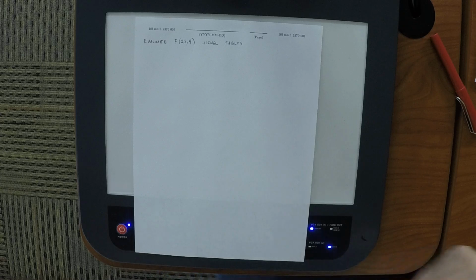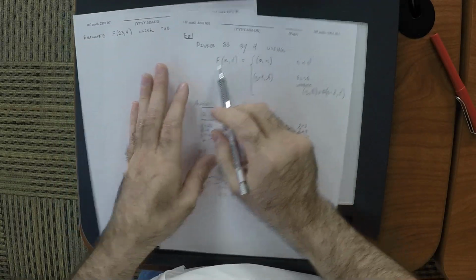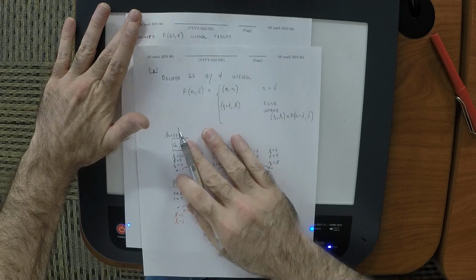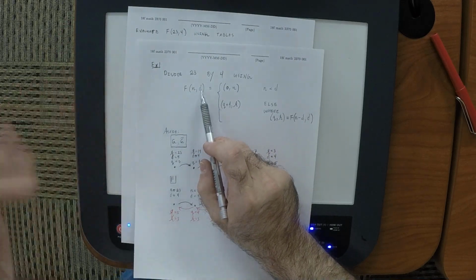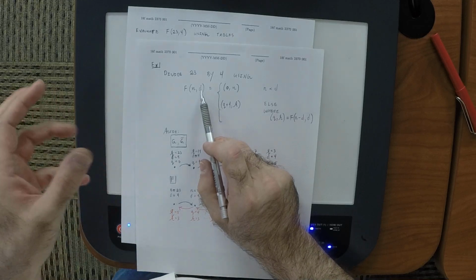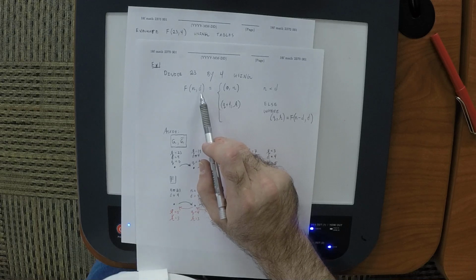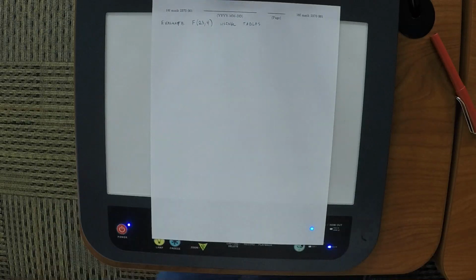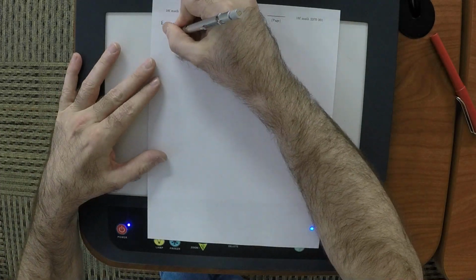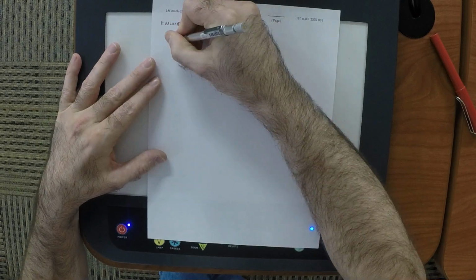All right, so what I want you to see is that in the definition of f, we have 4 symbols: 2 input symbols, N and D, and 2 output symbols, Q and R. So what I'm going to make is a table that has 4 columns in it, 1 for N, 1 for D, 1 for Q, and 1 for R. So to evaluate f of 23 and 4, I've got this table here.